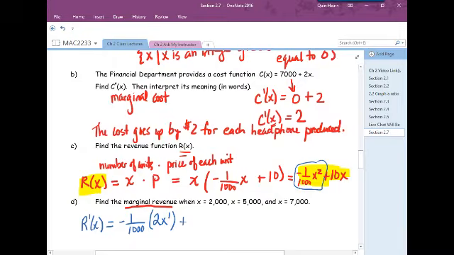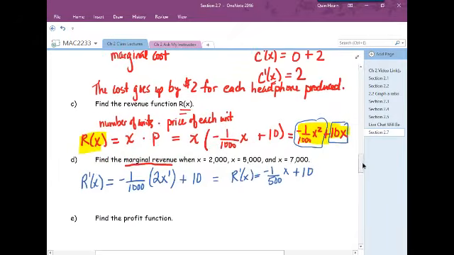Plus, now we're going to look at the derivative of 10x. Whenever you just have a coefficient times x, you're just going to get the slope, the coefficient 10. All right, so R prime of X is going to be equal to, reducing, we have 2 over 1,000, so that's negative 1 over 500, x plus 10.